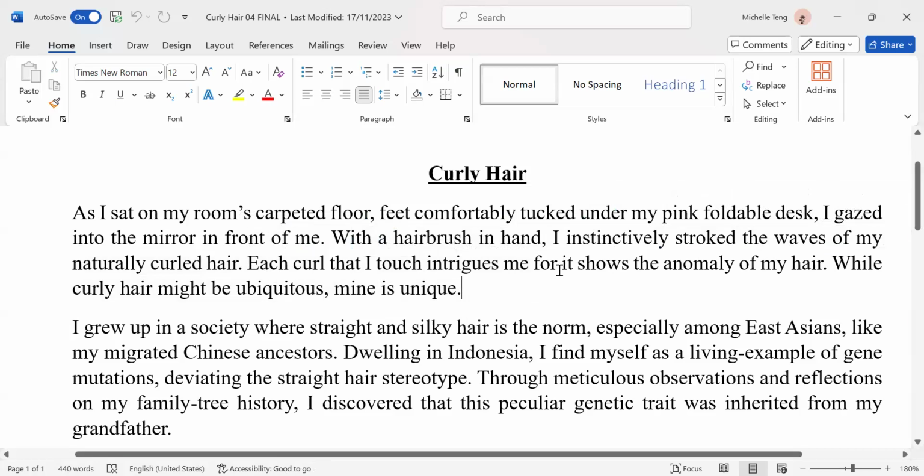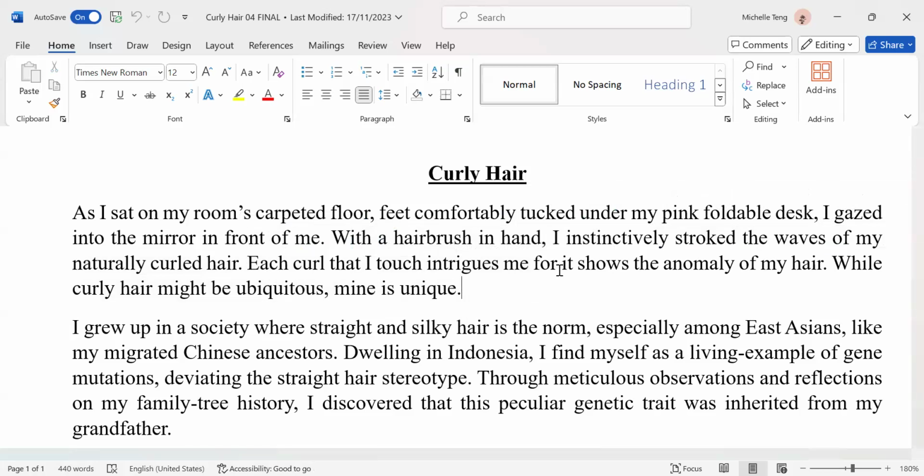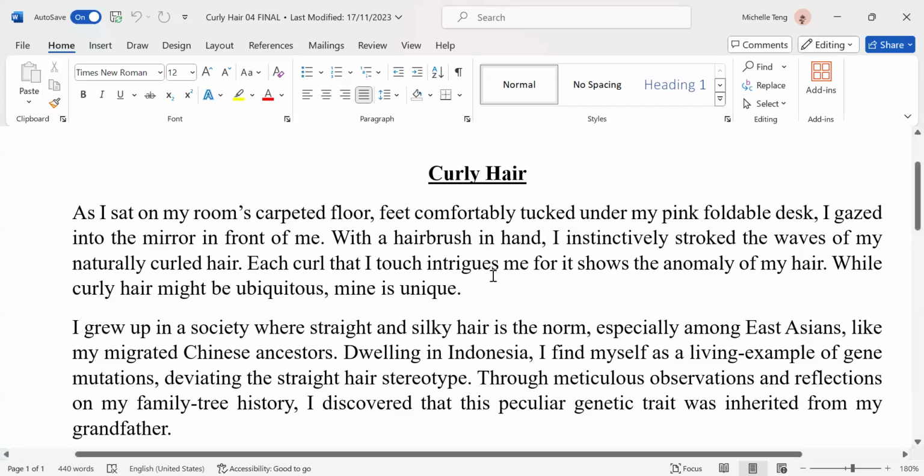"And each curl that I touch intrigues me, for it shows the anomaly of my hair." I'm going to go through it more thoroughly next week. So right here, this is one complete sentence.